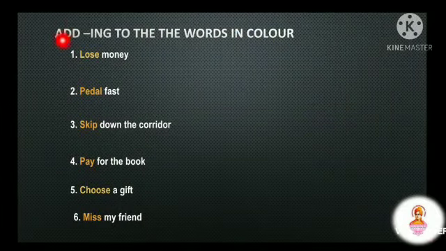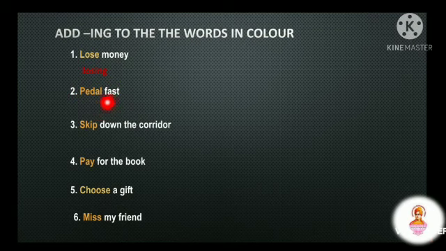Now we are moving to the exercise. Here you can add ing to the word in color. See the word in color, lose. Lose money, which means losing. You have to remove this E and add ing, so it is losing. Pedal fast. So you have to make this pedal in the ing form.